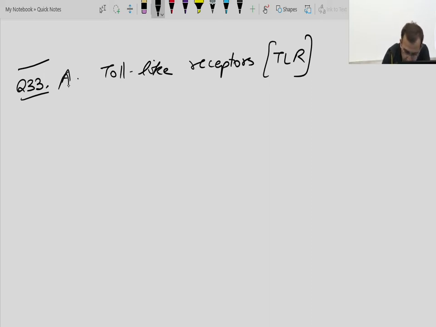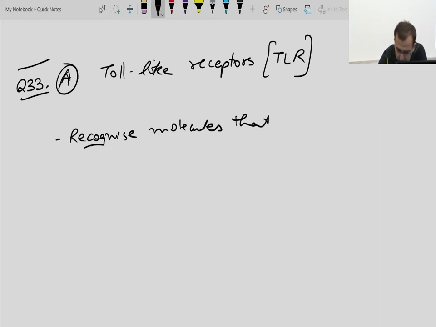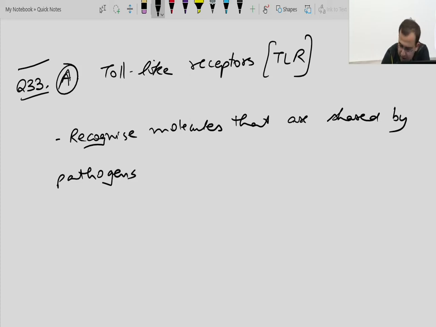What do we mean by this? Toll-like receptors recognize molecules that are broadly shared by pathogens but distinguishable from host cells.